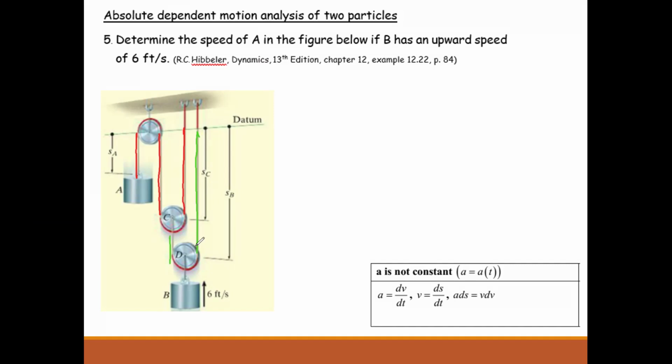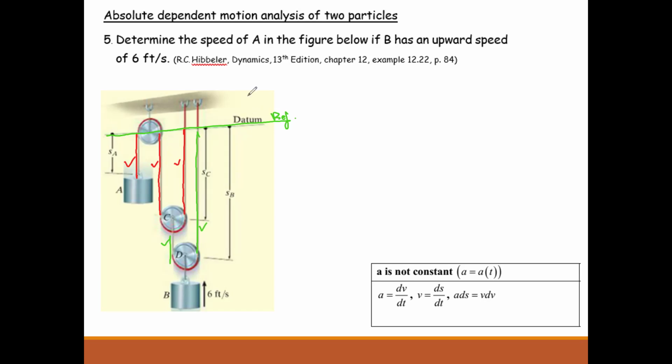It's a different cable. This is the first cable, the red one. We have to form the length for the red cable and for the green cable to set up the constraint equation. And at first we set up the datum or the reference.